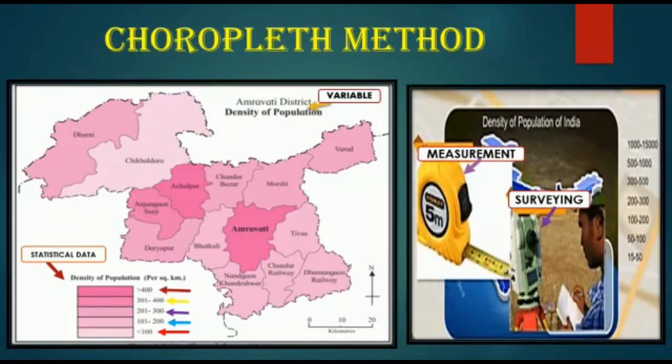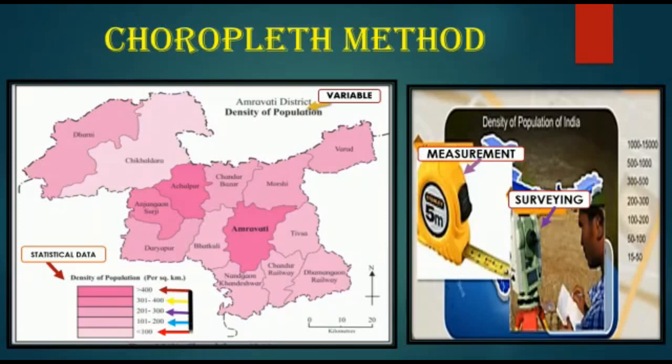After that, 5 to 7 class intervals are made, such as density of population more than 400, density of population between 301 to 400, density of population between 201 to 300, density of population between 101 to 200, and then the lowest value is less than 100.